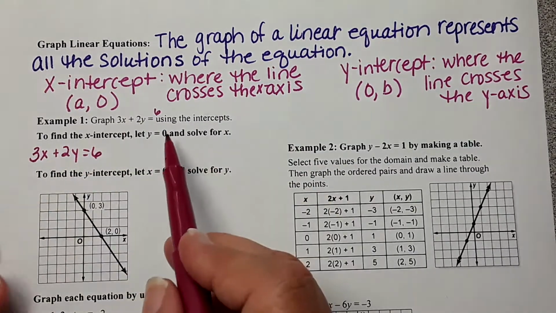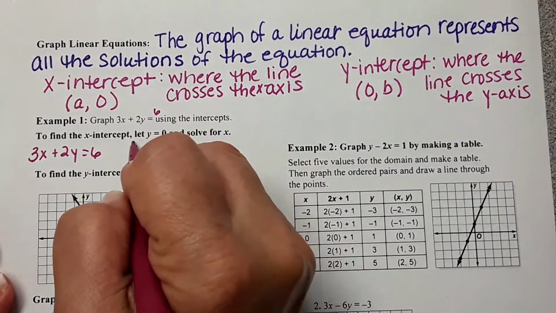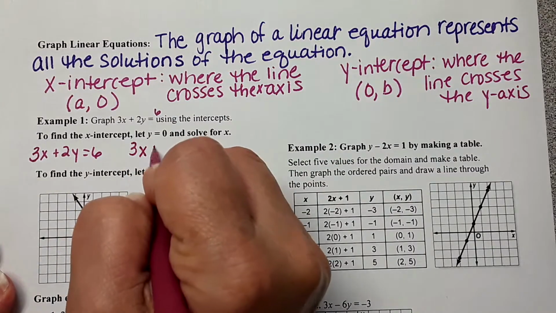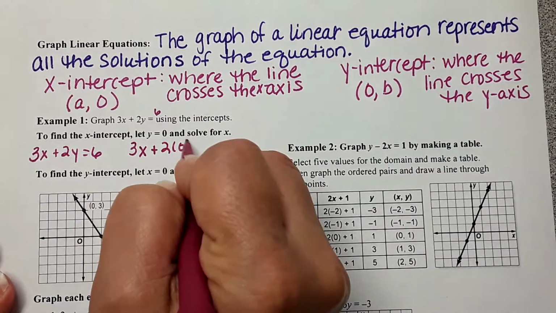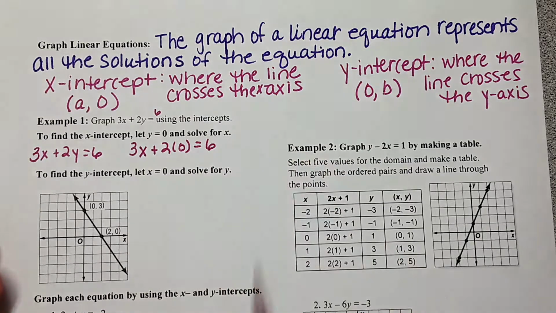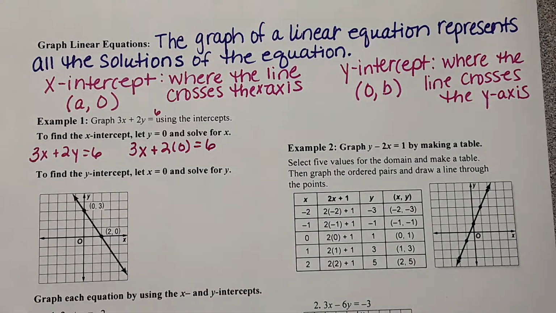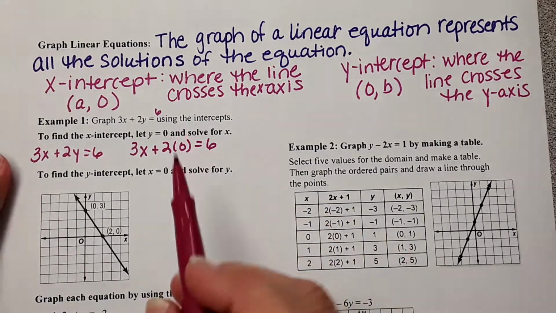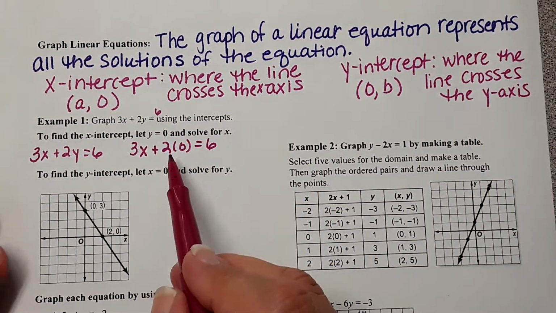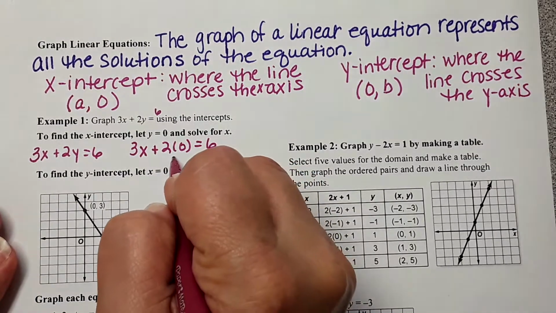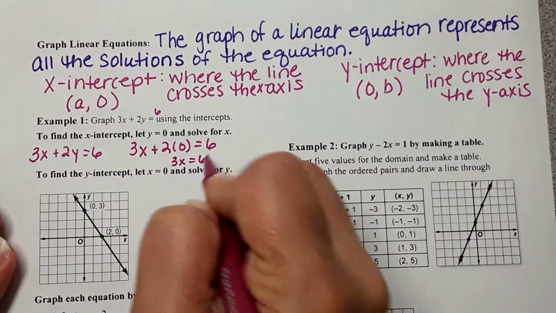And we're going to plug in 0 for y and solve for x. So you guys, if it says find the x-intercept, you basically get rid of y. How do you get rid of y? You plug in 0. So 2 times 0 is 0. So I have 3x equals 6.